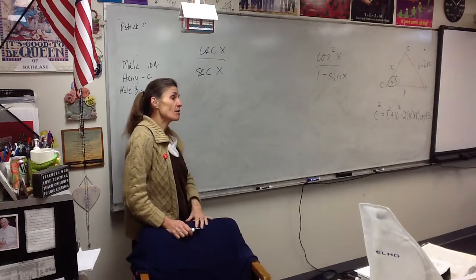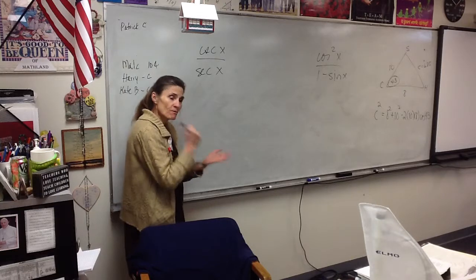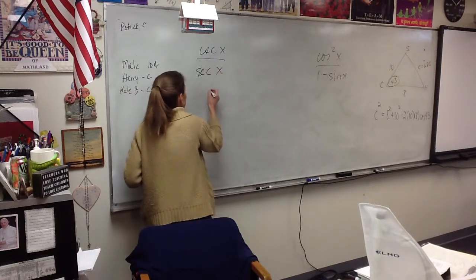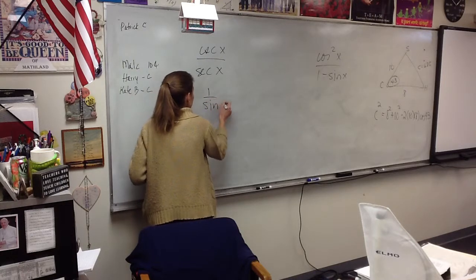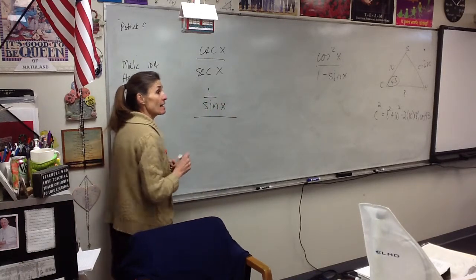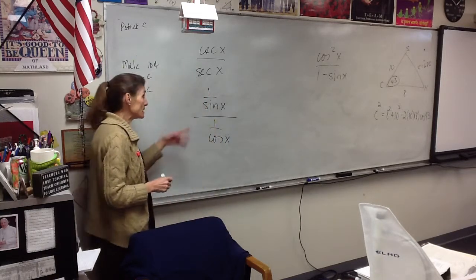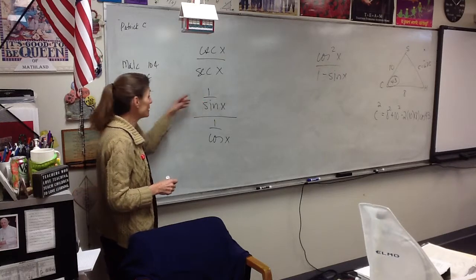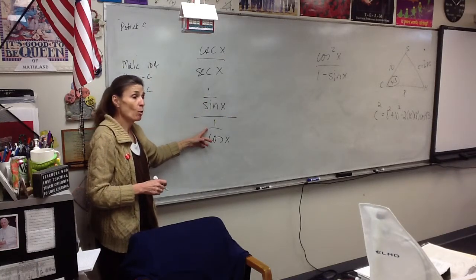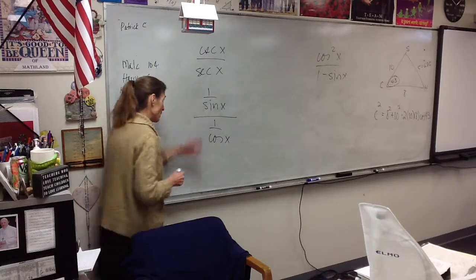All right, how do we start this first problem? Some of you are already writing. You feel good about this. You can do it. 1 over sine. We're going to rewrite cosecant as 1 over sine, and we'll rewrite secant as 1 over cosine. Now, this is a fraction divided by another fraction, right? And what do we do when we divide by fractions? Multiply by the reciprocal.